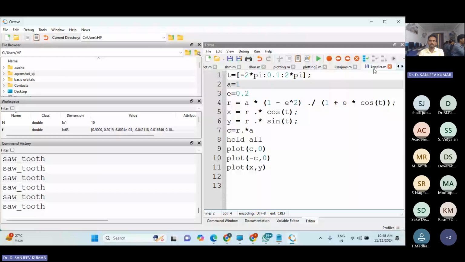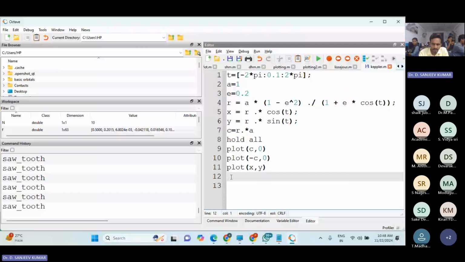So t value varies from minus 2 pi to plus 2 pi with a step size of 0.1. And I'm taking A is equal to 1, length of semi-major axis 1.